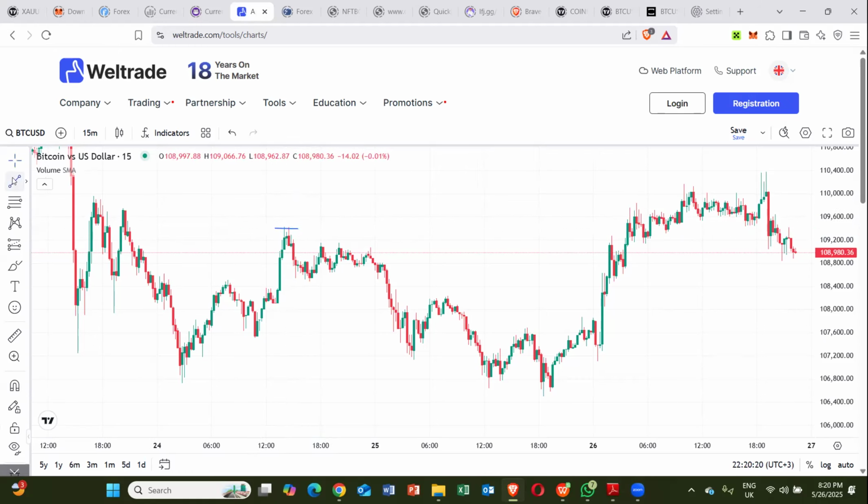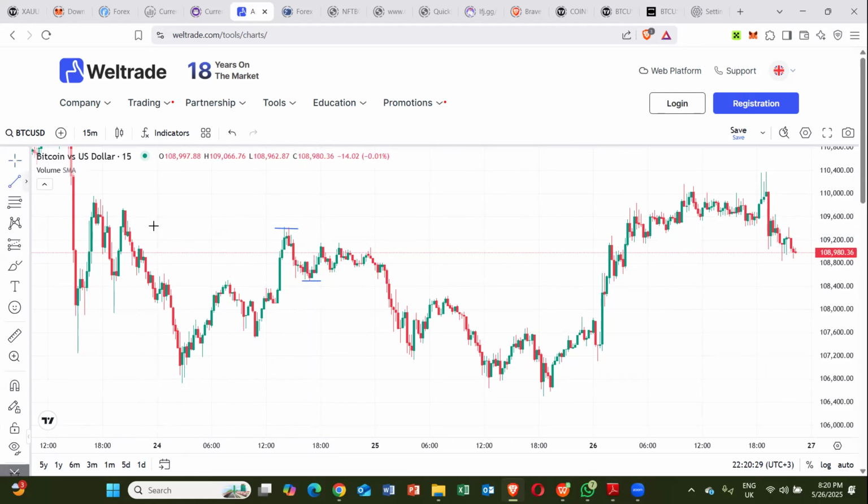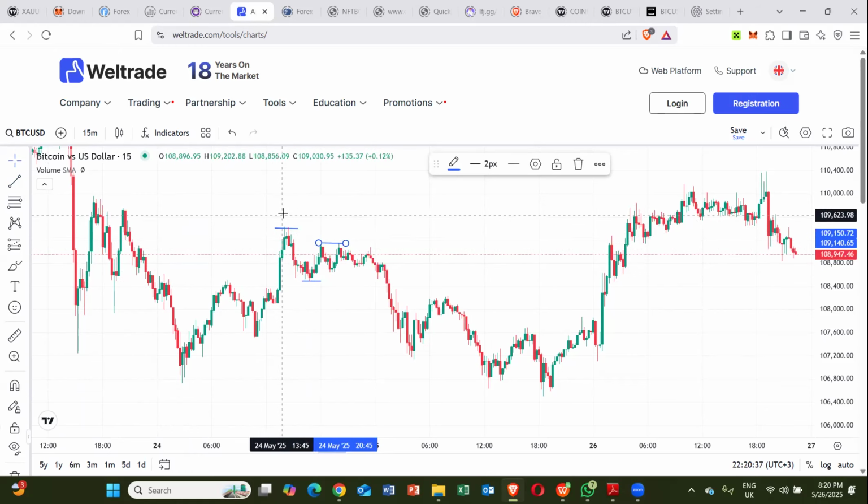Now, after this high was created, this low was not created. Another high was created. So these double equal highs were created, but could not swallow this previous high.